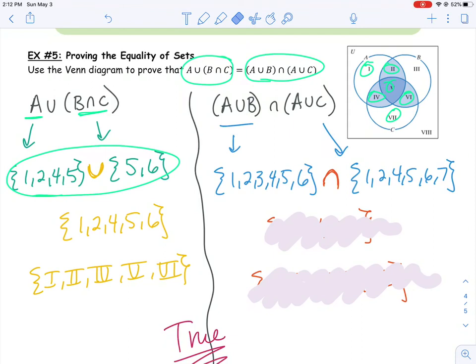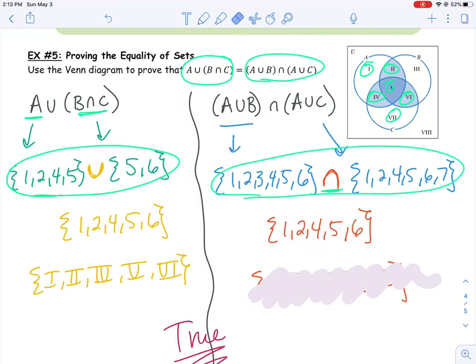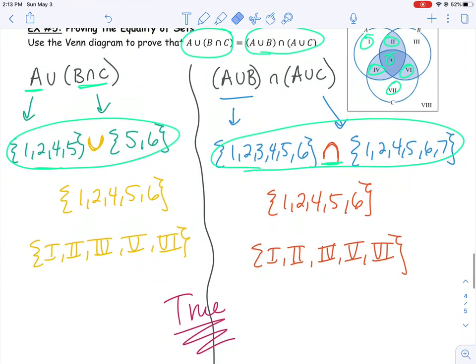That's 1, 2, 4, 5, 6, and 7. Now I can put them together and find their intersection. So what's in common in both of these sets? Well, I have the regions 1, 2, 4, 5, and 6, and it matches the other side. Yay, so we got it right.